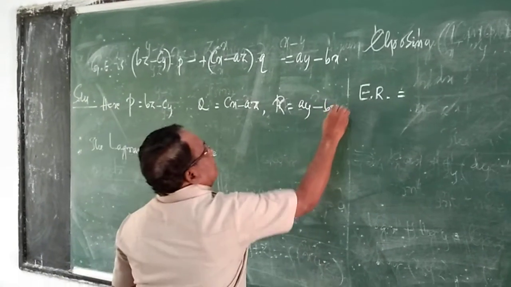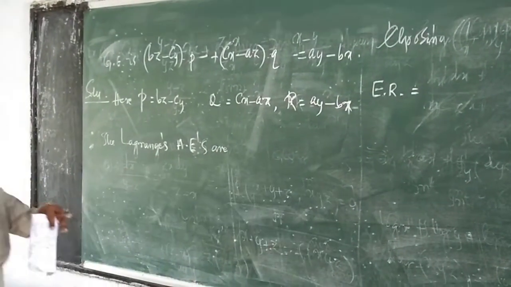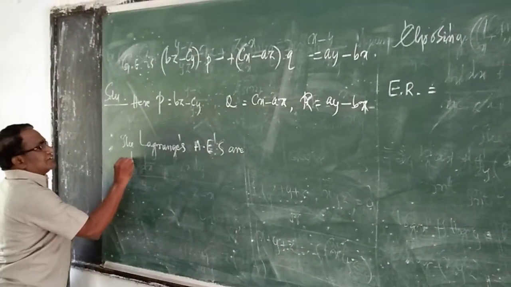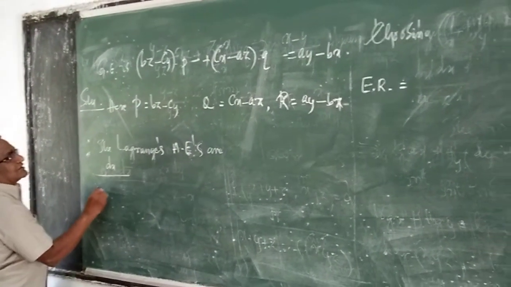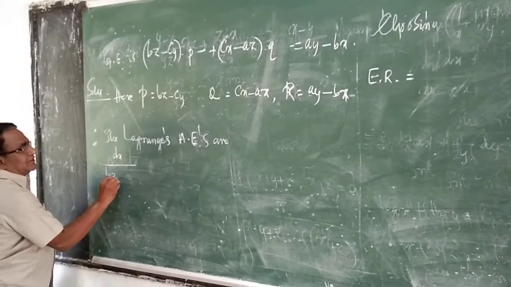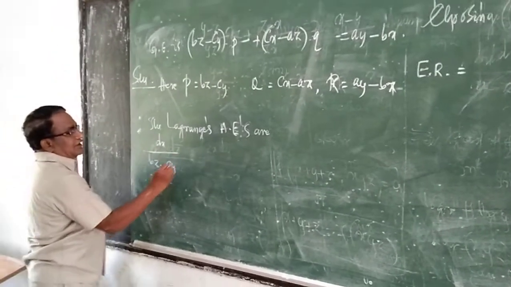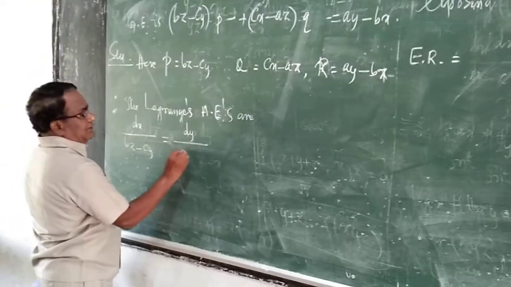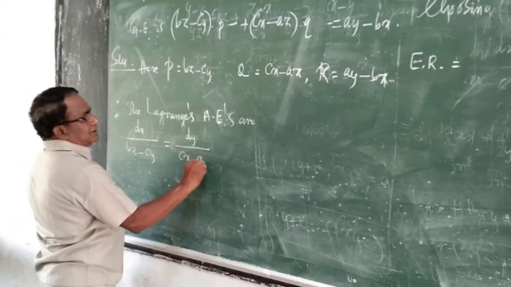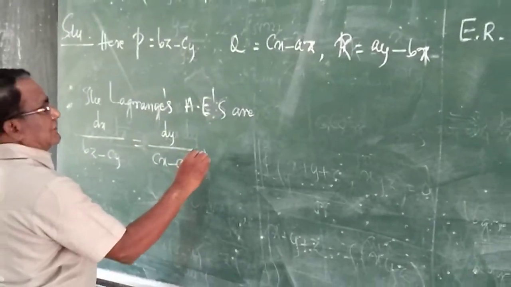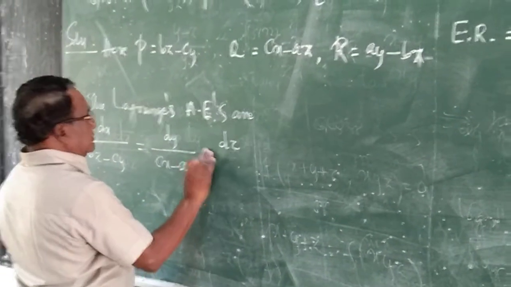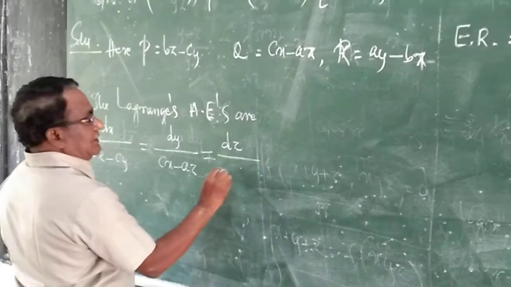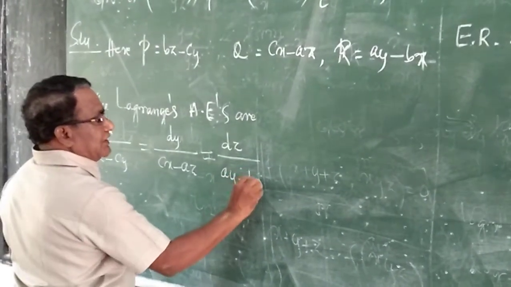In order to write the Lagrange's auxiliary equations, dx by P is bz minus cy, is equal to dy divided by cx minus az, and is equal to dz divided by R, which is ay minus bx.